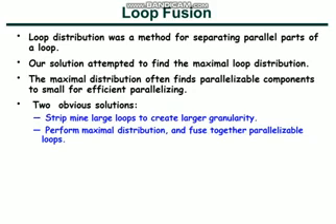Whatever parts in a loop can be parallelized, all are separated through loop distribution. The maximal distribution often finds parallelizable components too small for efficient parallelizing.